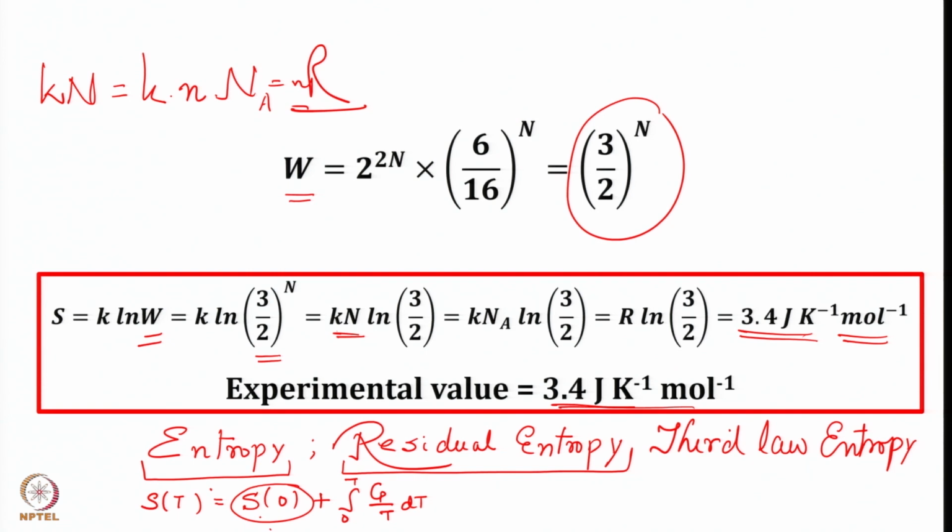That means you are assuming the system to be perfectly crystalline, and we have discussed that for perfectly crystalline substances the entropy is 0 at absolute zero. At absolute zero there is no thermal motion, so things are frozen, and in that frozen state if there is a configurational disorder, that gives rise to the residual entropy.